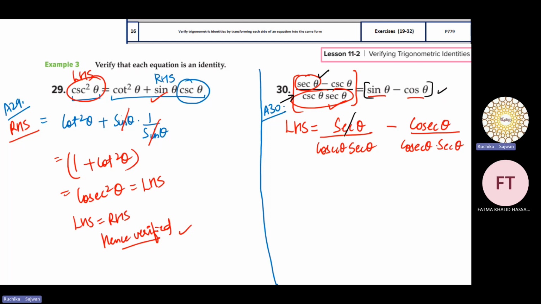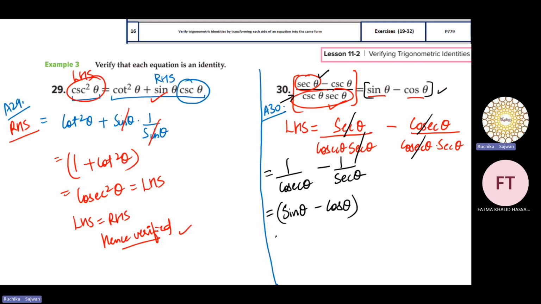You will get to know now because secant will cancel, cosecant will cancel. So we will be able to simplify this question in lesser time. So 1 over cosecant, 1 over secant, we just directly take the reciprocal. Reciprocal of cosecant is sine theta, reciprocal of secant is cos theta.